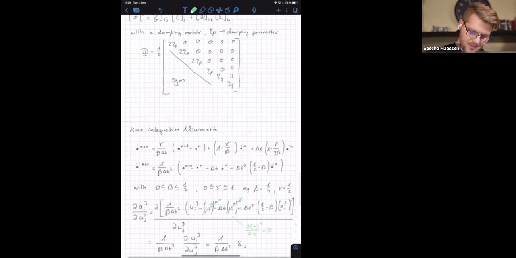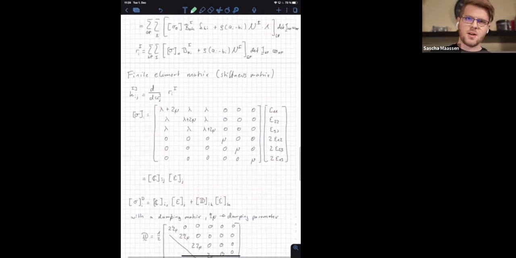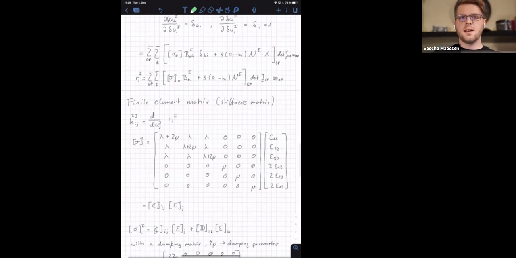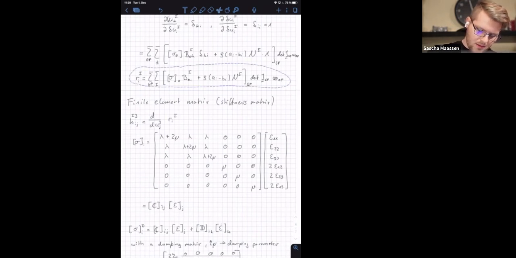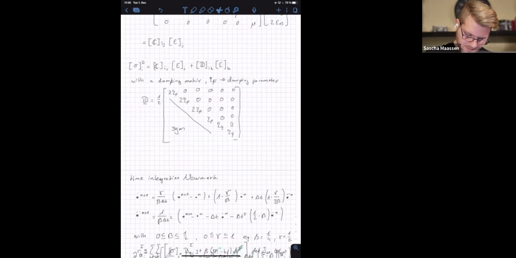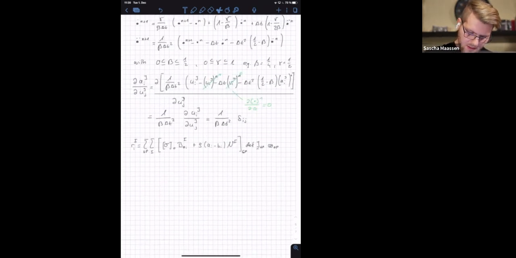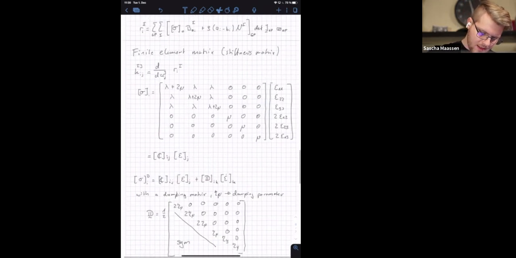Okay, so with the expression for the acceleration, the constitutive law, and already this differentiation that we have just derived in hand, we can proceed with the element matrix. Oh, this is not the correct formula.